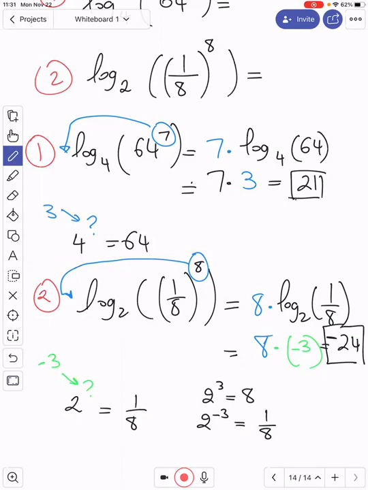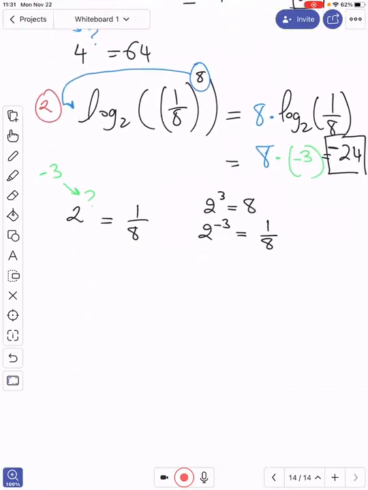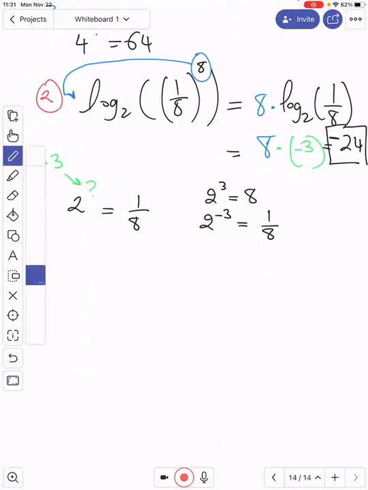All right, guys. Yeah, so next, now we can start solving some exponential and logarithmic equations. So I'm going to move to the next section, which is really important.